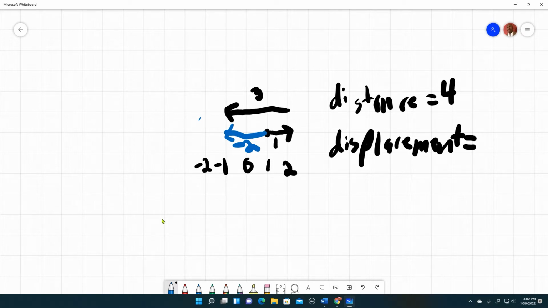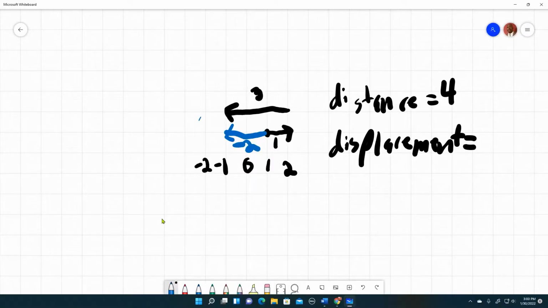Now, distance must be a non-negative number. Displacement could be anything. Because if you're displaced to the left or down, your displacement is negative. And if you're displaced to the right or up, the displacement is positive. And if you end up where you started, of course, the displacement is 0. So in this case, the displacement is -2.